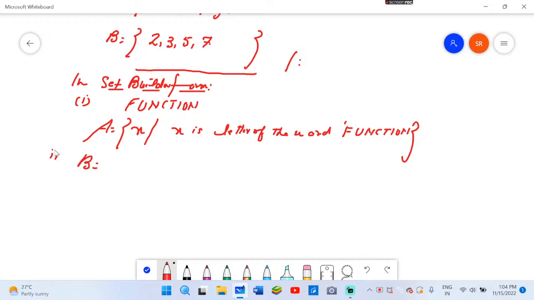See second example. Set of all the balls in the word geometry.